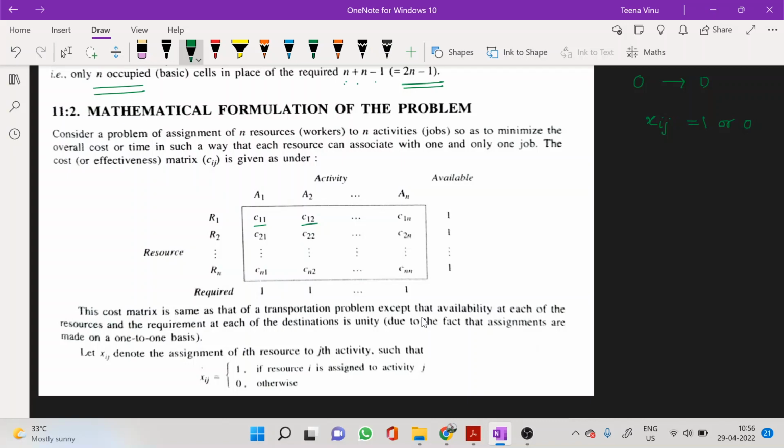All the costs can be explained, and you can see the availability and requirement corresponding to each row and each column are all equal to 1. The cost matrix is the same as that of transportation problem, except that the availability at each of the resources and the requirement at each of the destinations is unity, due to the fact that assignments are made on a one-to-one basis.